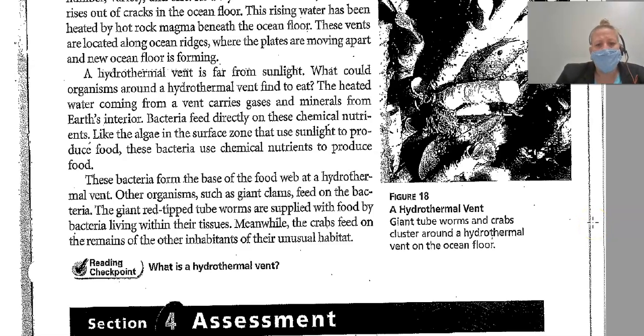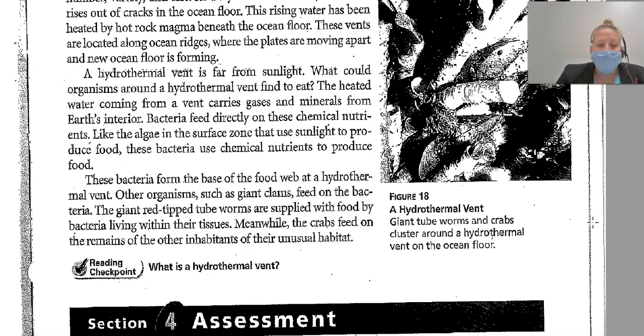A hydrothermal vent is far from sunlight. What could organisms around a hydrothermal vent find to eat? The heated water coming from a vent carries gas and minerals from Earth's interior. Bacteria feed directly on the chemical nutrients, like the algae in the surface zone that use sunlight to produce food. These bacteria use chemical nutrients to produce food.